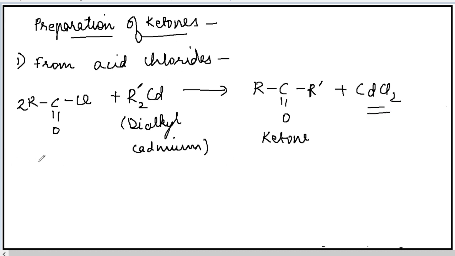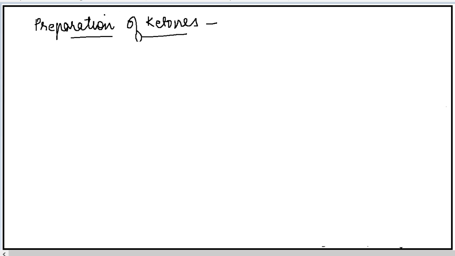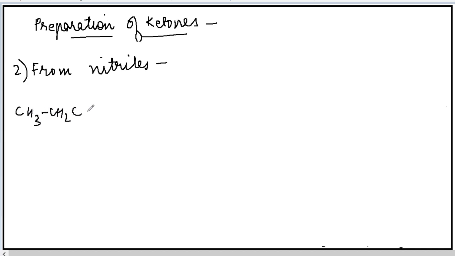So this is the first method to prepare ketone. Next I will take the second method to prepare ketone. Ketone can be prepared from nitriles. Look at the reaction. This is the nitrile.